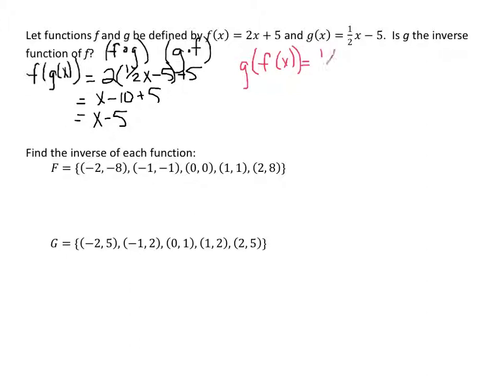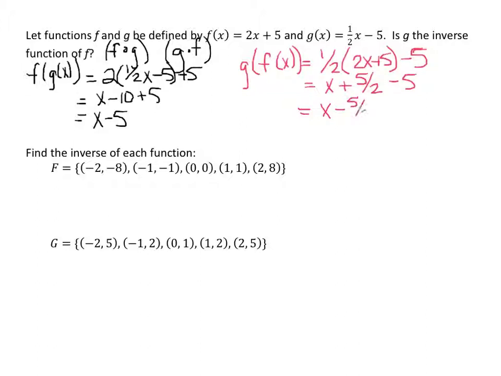So now I'll start with 1/2 x times 2x plus 5 minus 5. So I get x plus 5/2 minus 5. And for this I get x minus 5/2. So here what we see, because these values are not the same, is that no, g is not the inverse.